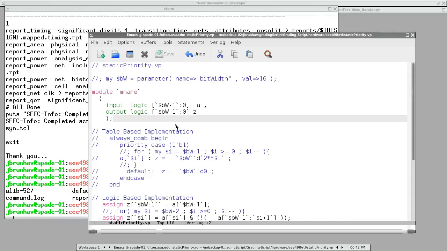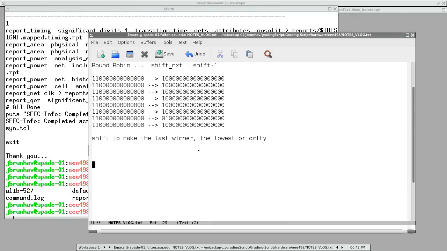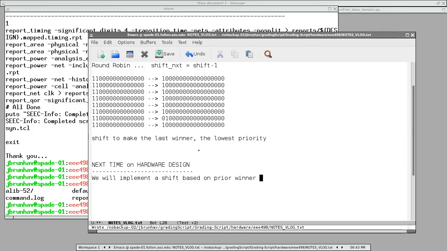And next time, on hardware design, we will implement a shift based on prior winner. So normally the way I do this is that I would encode the winner with a decimal to implement the shift.